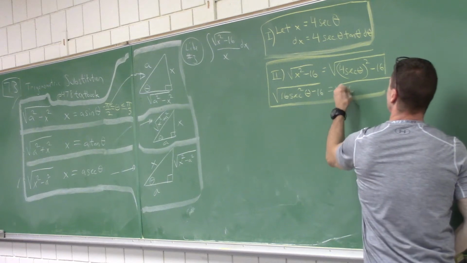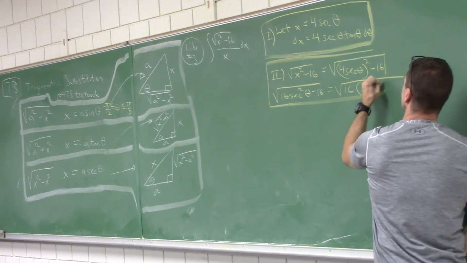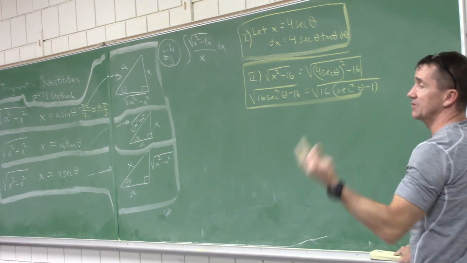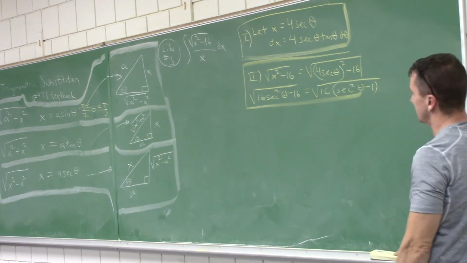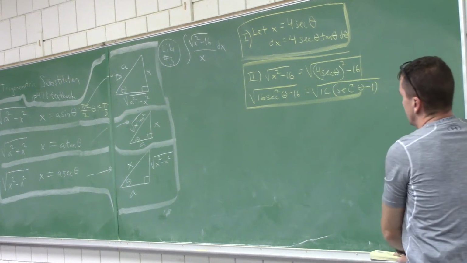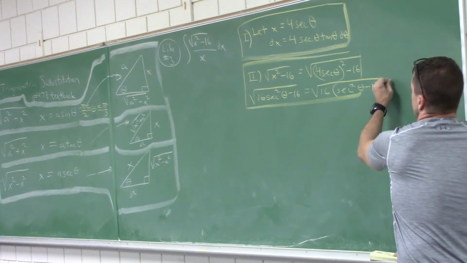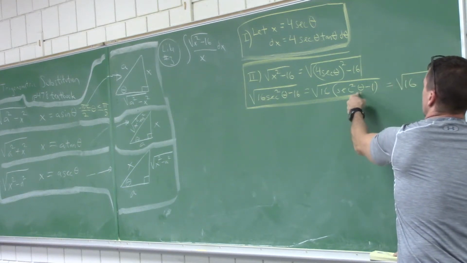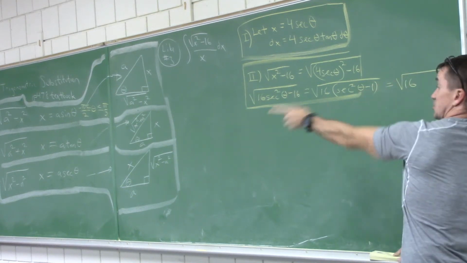What trig identity emerges? Secant squared theta minus 1? I'm showing every step here, but I bet in a while, when you do part 2, you might do 2, 3 steps in your head. What's this become? Square root of 16 times a trig identity? Tan squared, outstanding.